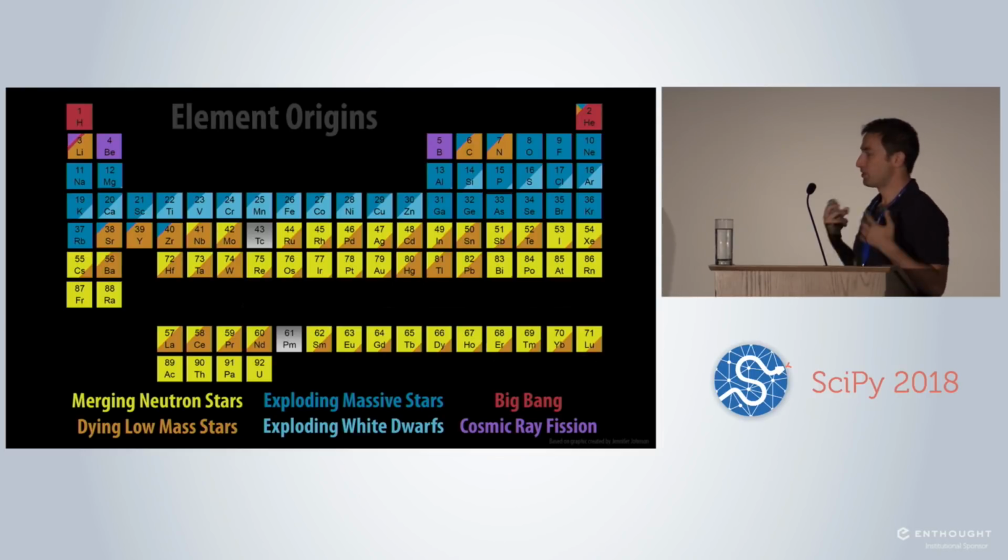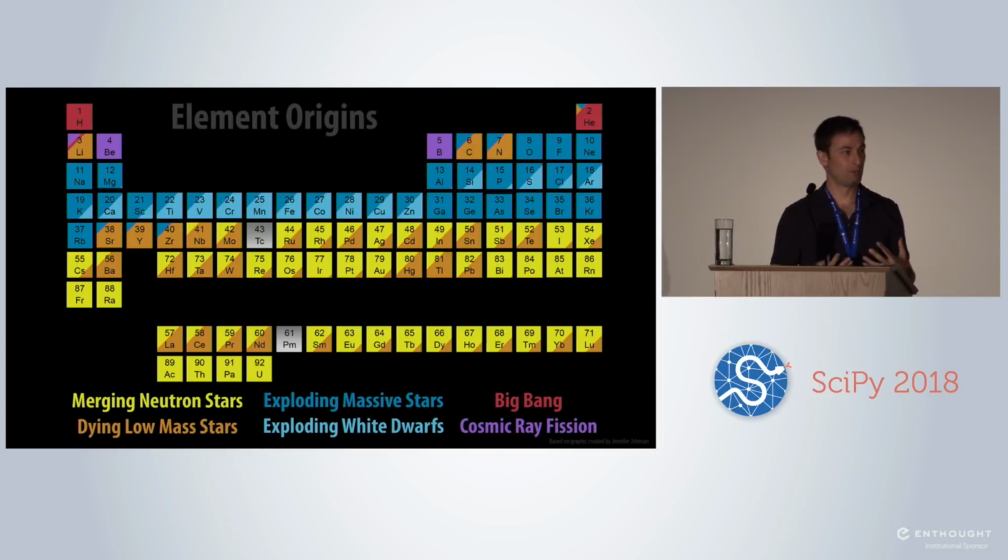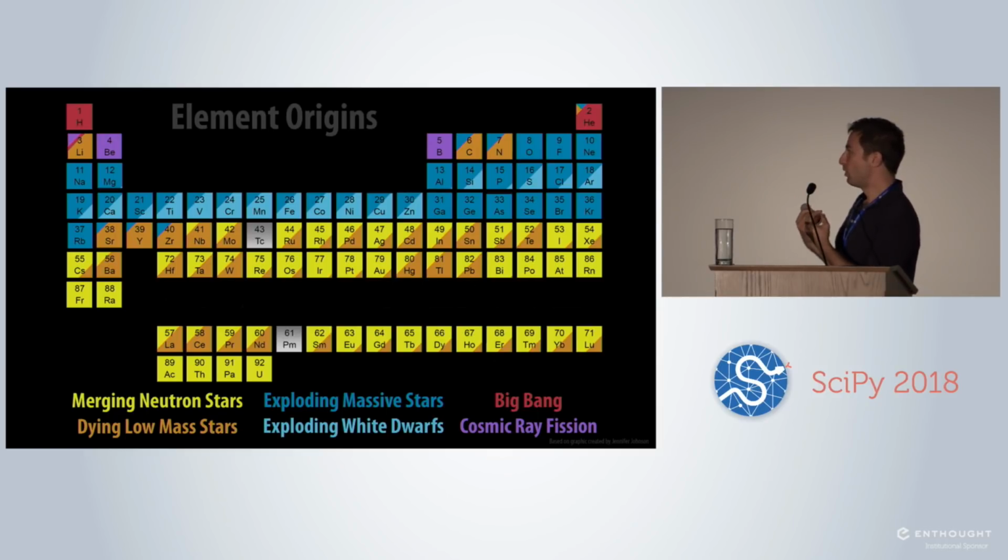So this is just a really, really cool parable in the interconnectedness of science, because up until last year we didn't really know where in the universe these heavy elements were produced. For a long time, we thought they were produced in supernovae, but that doesn't quite work. And so neutron star mergers were another very promising candidate.